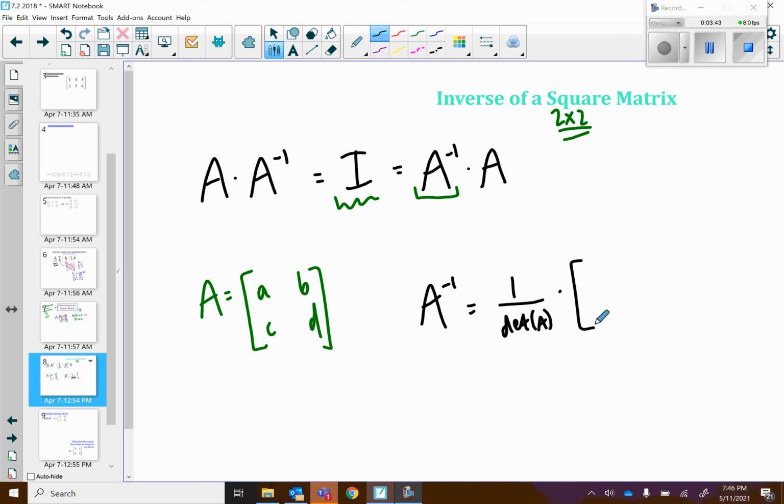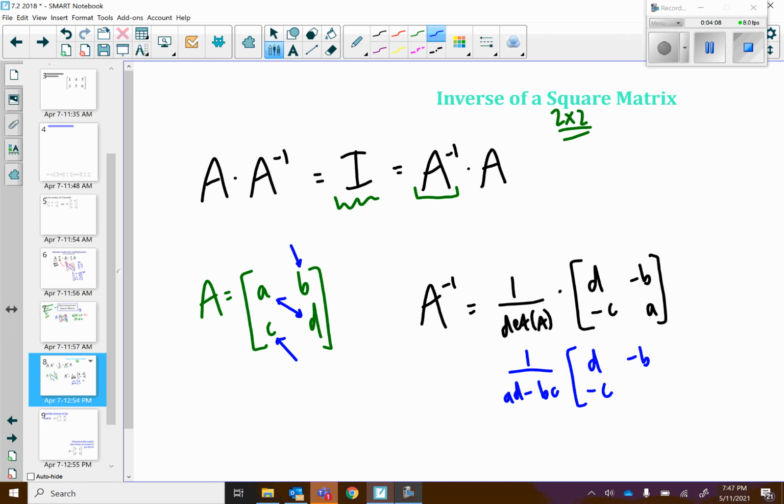I'm going to write it down and then talk about what I did: D, negative B, negative C, and A. Notice I switched the pieces in this diagonal and made these two negative. Remember, the determinant of A is AD minus BC, so we can add that in if we want. And here's how we find an inverse matrix.